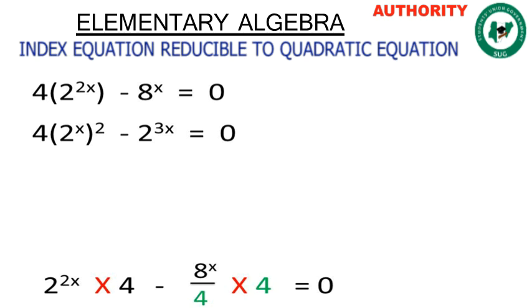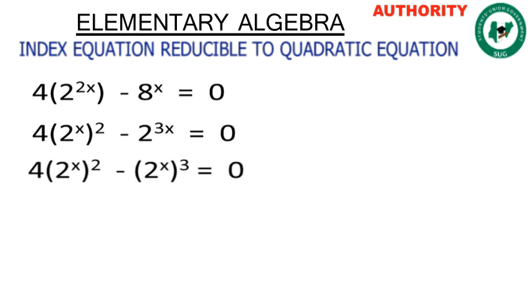Good. Now we have 4(2^x)^2. Let's take 2 to outside, so we have 2^x in brackets raised to power 2. Then minus this 8, let's reduce it to base 2, so we have 2^3, and that 3 multiplied by x gives 3x. Now it's equal to 0.